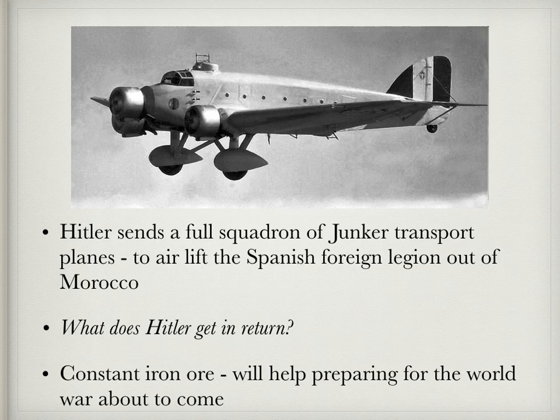But by 1936, this was a war that most people thought could be avoided. With the benefit of hindsight, we know that World War II is just around the corner.